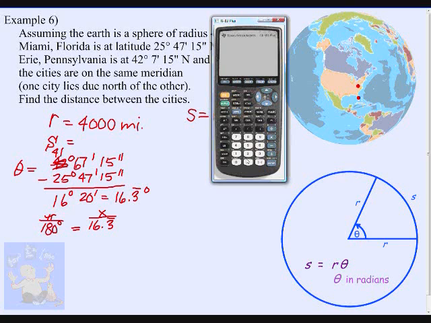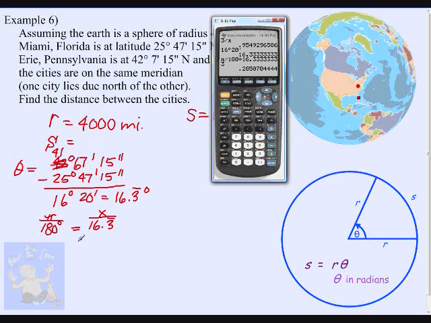So we're going to say pi divided by 180 degrees times 16.333333, I'll put a lot in, degrees.